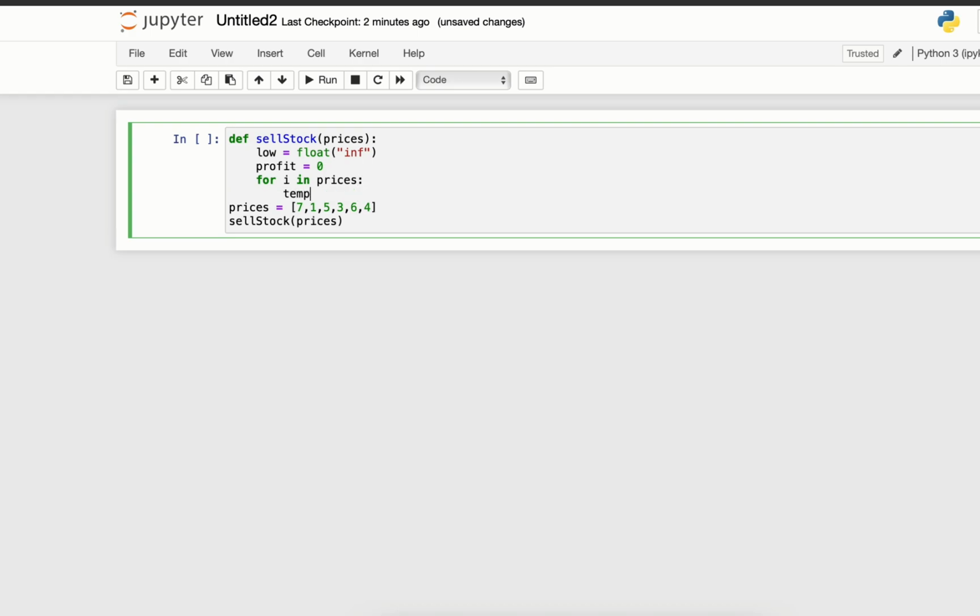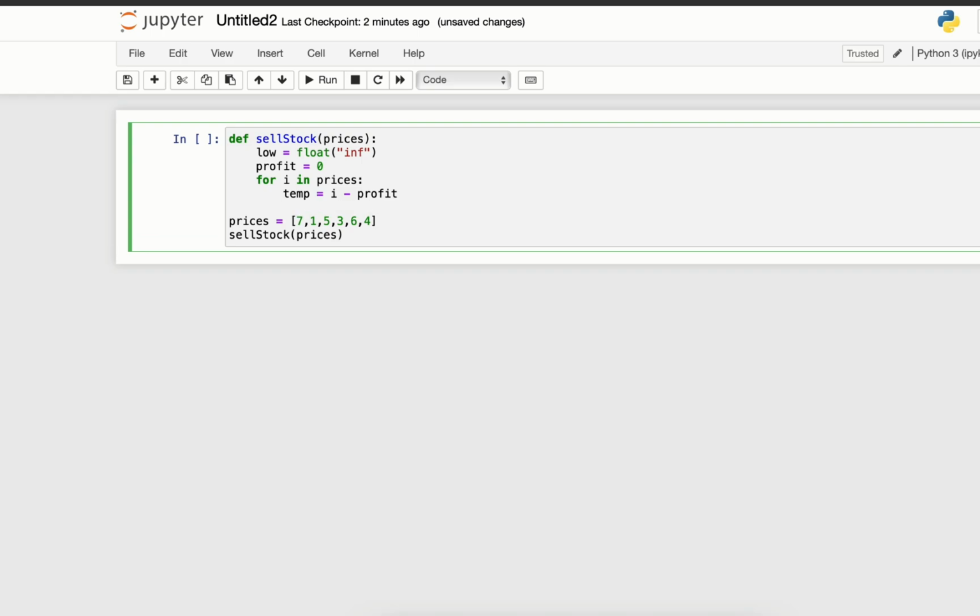I'll be creating a temp variable, which will be i minus low. Then I need to find the profit, which is equal to the max of temp comma profit.